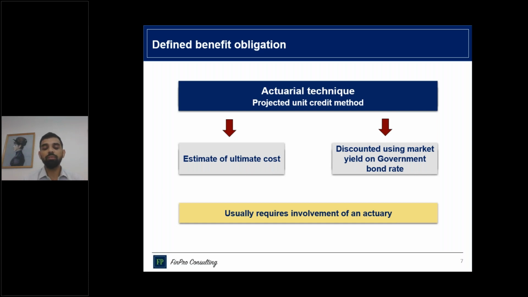The corporate bond rate in Germany was probably around 3 to 4%, or a little more, 4 to 5%. And that was the rate used for calculating the defined benefit liability or gratuity liability for the German employees.